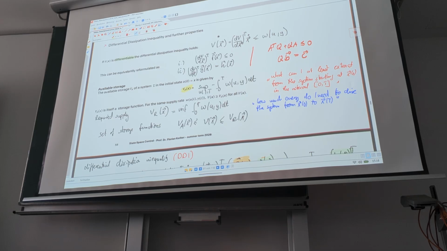Okay, so this one would be what you can do at most, the other one the maximum here. And there are many, many possibilities in between. Okay, so these storage functions form a set. And again, this has a physical interpretation.